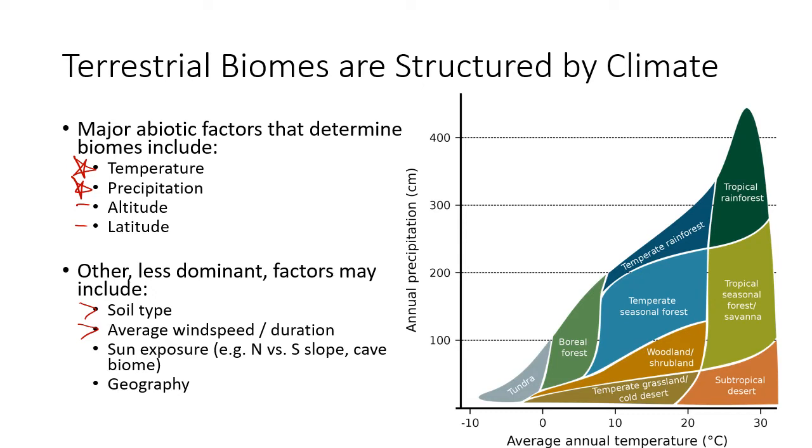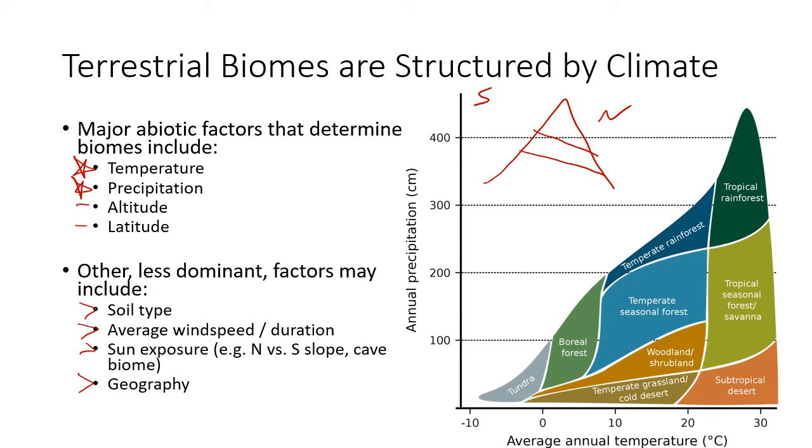And then you'll have sun exposure and geography. If you noticed on the previous slide, if you have a mountain slope, you'll typically have the biomes shift based off of whether you have southern or northern exposure. Okay, so the subalpine zone might be higher on the south side and it might be lower on the north side because of the sun exposure, the slope.